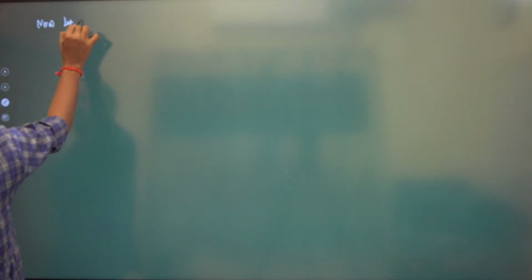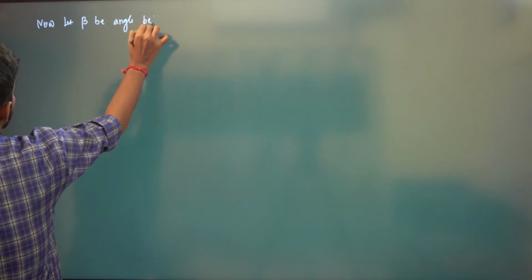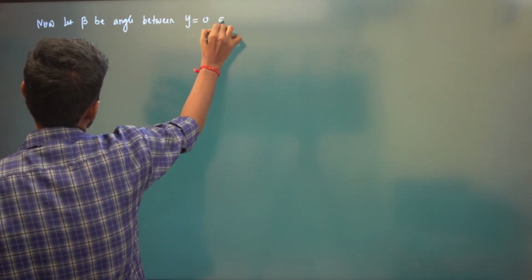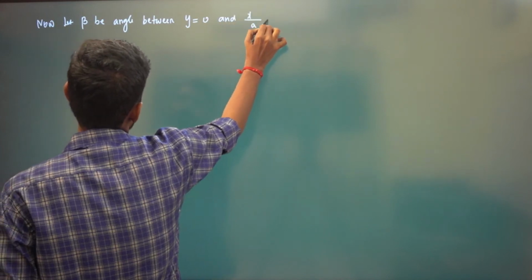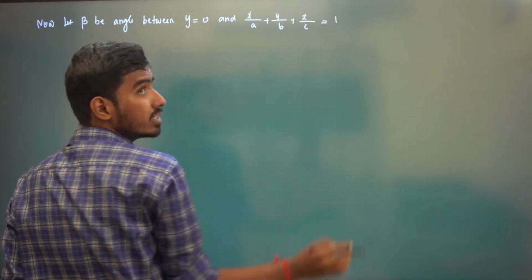Now let beta be the angle between y is equal to 0 and the plane x by a plus y by b plus z by c is equal to 1.